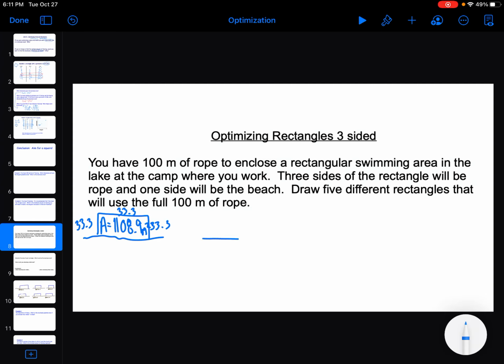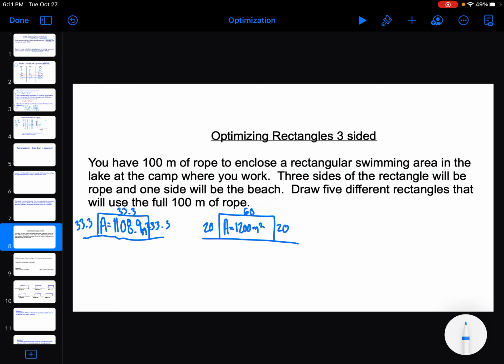But very quickly I can prove to you that that's not the best way. If we do something like 20, 60, and 20, length times width, the area equals 1,200 meters squared.